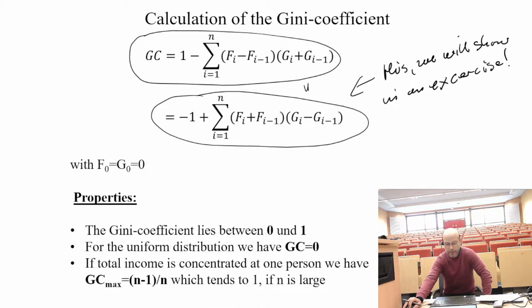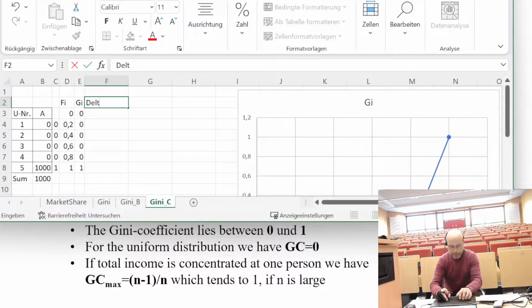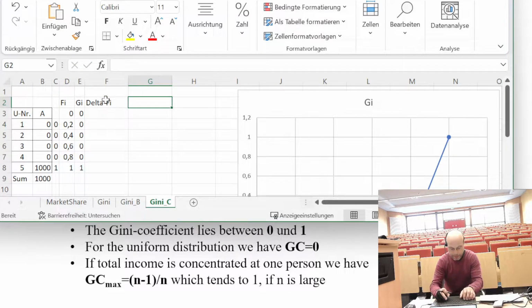So we need the differences between Fi, and we need the sum of the Gi. So delta Fi and sum Gi.